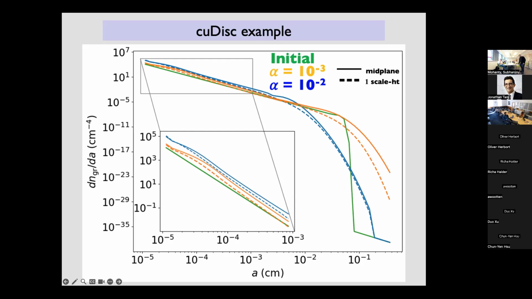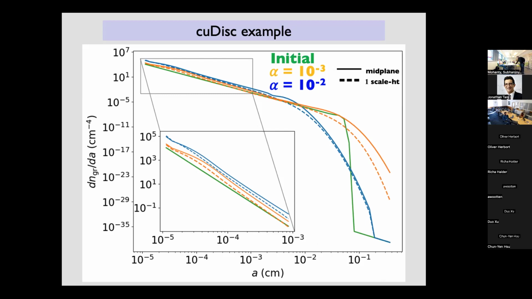But it also has more fragmentation. So if you look at the zoom in here, you can see that the orange line at the small end is also above the initial distribution, right? So you get a lot of coagulation and large grain formation at the large end. You also get a lot of fragmentation happening at the smallest end, to be expected.